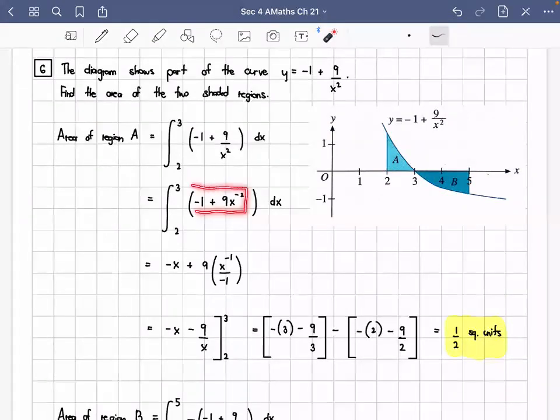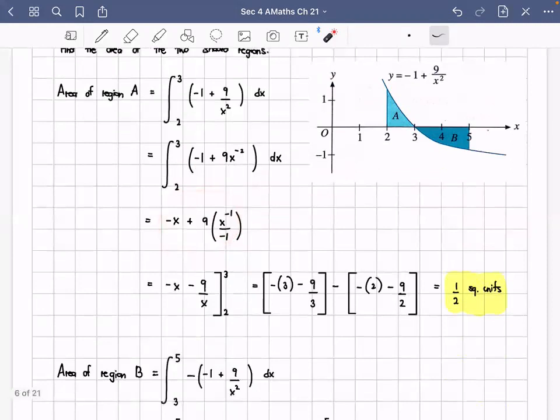Now I find the antiderivative: -1 becomes -x, and 9 put aside here. This is -2 plus 1, so you have -1 over -1. Simplifying, I'll get -x minus 9 over x. This goes back to the denominator. Let's evaluate this now. Upper limit, so this is 3.